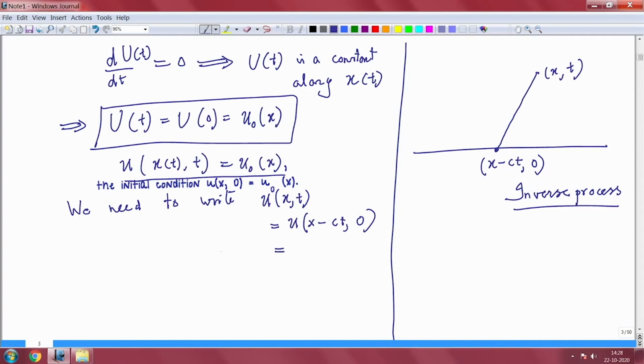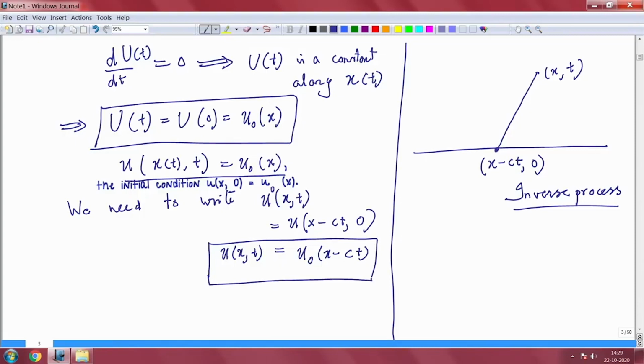So you get u(x,t) finally equal to u naught of (x minus ct). That is a very nice example which you immediately see. If u naught is twice continuously differentiable, you can verify that u(x,t) is indeed a solution. So, what is happening here?